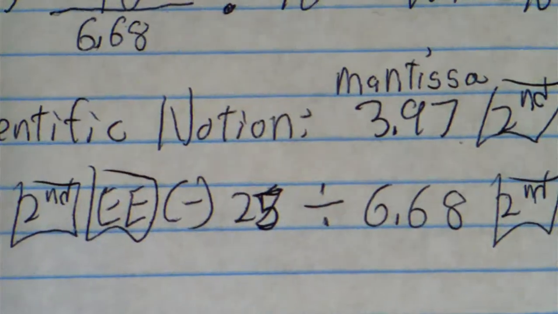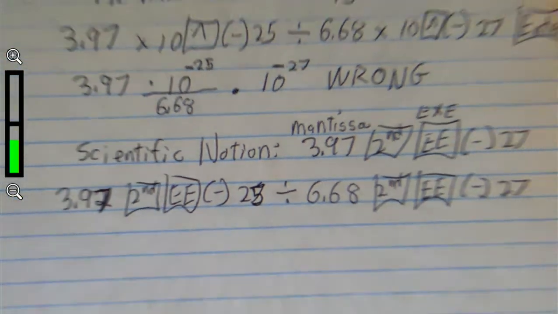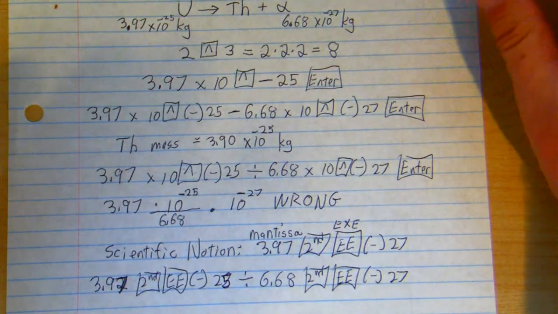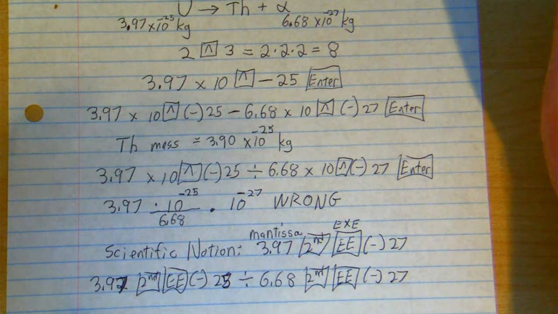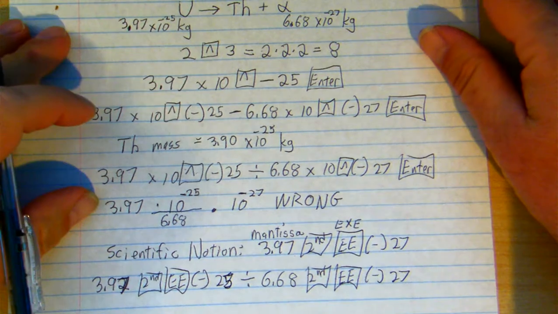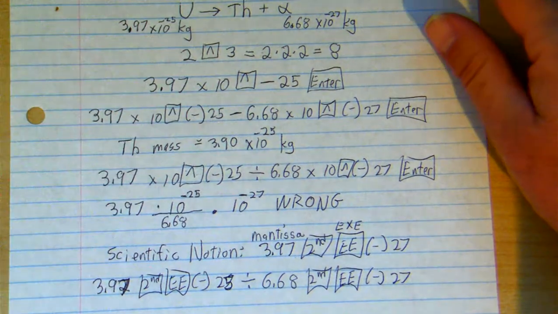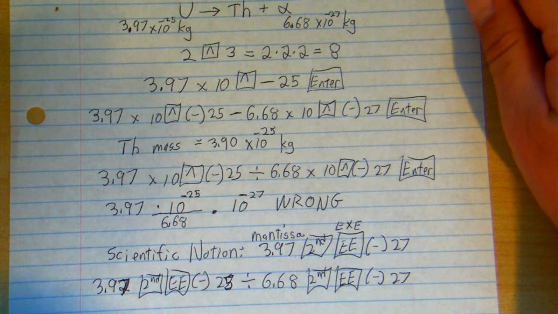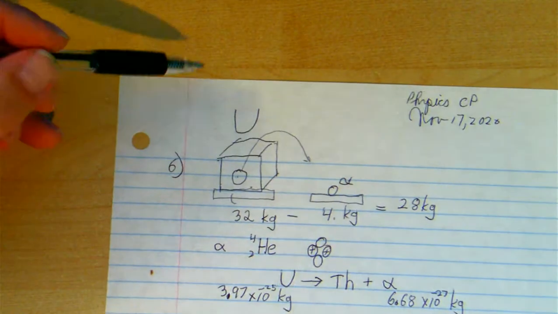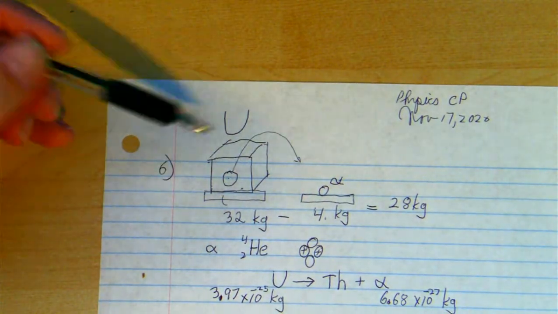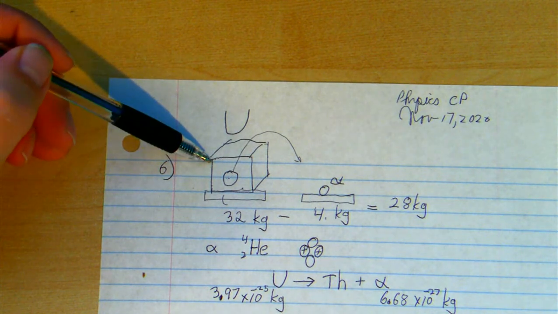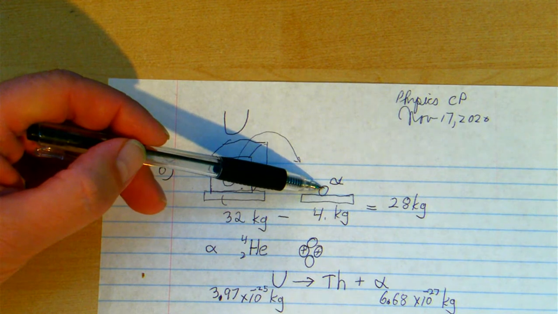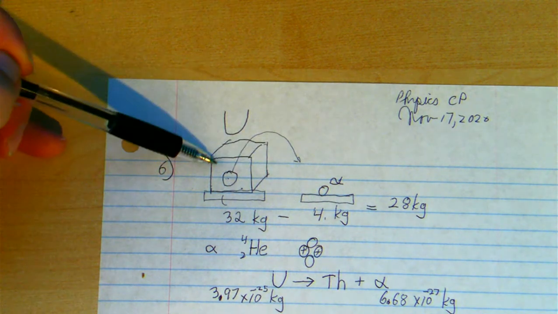I'm hoping at this point, well, I've covered 2 of the 3 issues I believe you would need to understand to correctly solve problem 6. Issue number 1, you need to calculate the mass of the thorium atom by subtracting the mass of the alpha particle from the mass of the uranium atom.